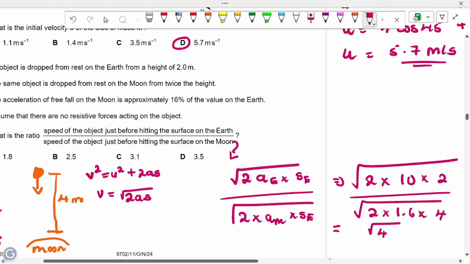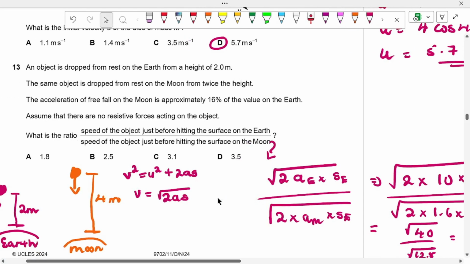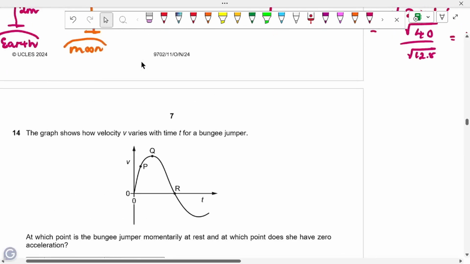You take that, that's the square root of 40, divided by the square root of 2 by 4 is 8. 8 by 1.6, that's 12.8. Basically, you take that, you square everything, then you get 1.8, right? Okay, so I hope that makes sense, right? So the correct answer will be A.